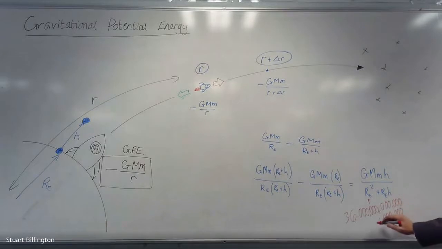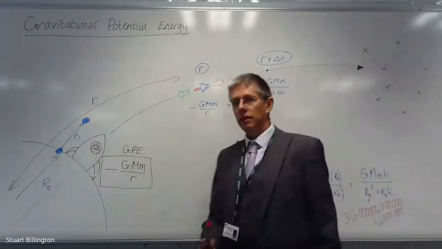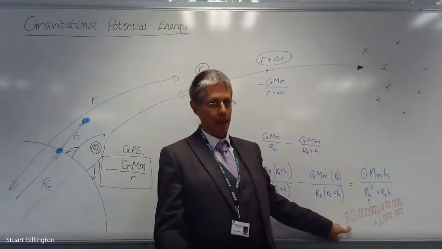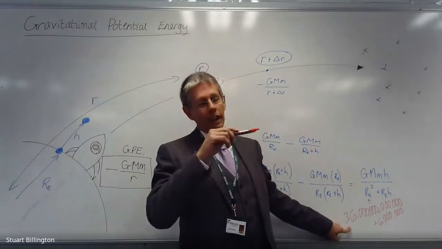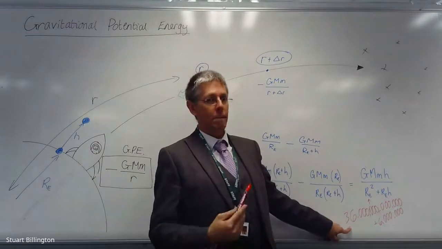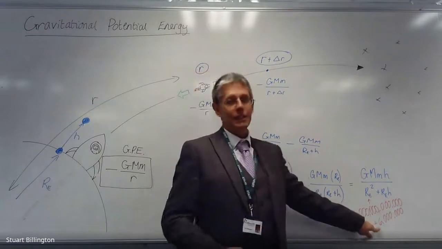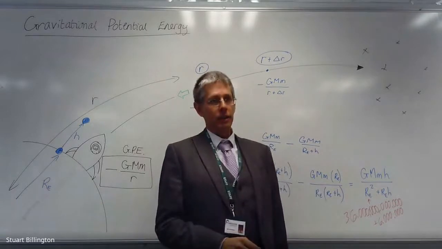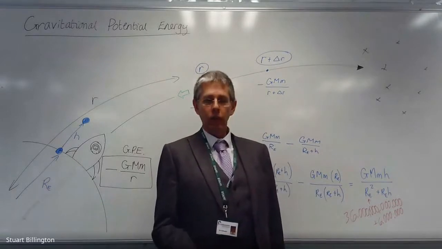So I would like you to consider, in any meaningful sense, does the denominator of 36 million get bigger when we add 6 million to the 36 million that we already own?